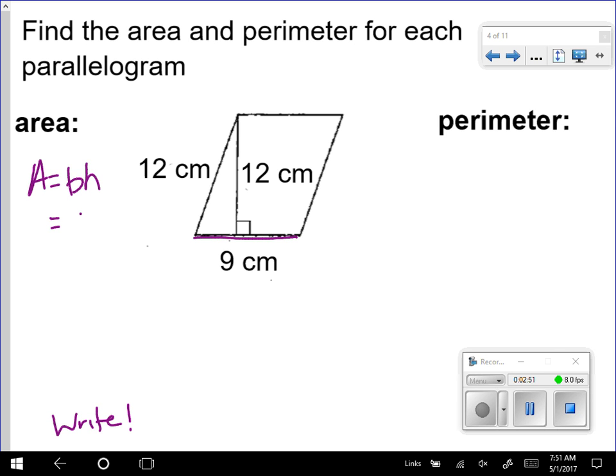So we would have the base is 9. And then the height is going to run from top to bottom. As you can see, that 12 runs from top to bottom. Then we just multiply, and we have to make sure we label. So we are going to be multiplying 12 times 9, and we will get 108. And then area is a two-dimensional figure, so we would have centimeters squared.